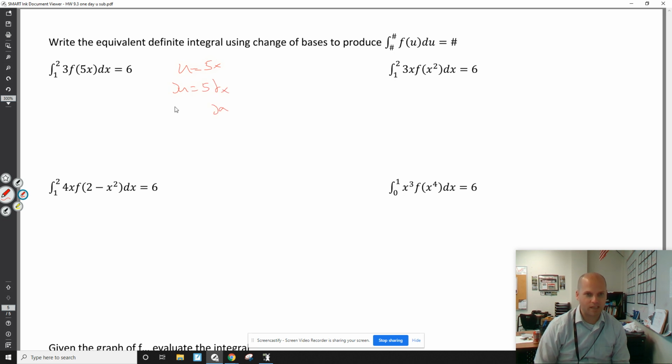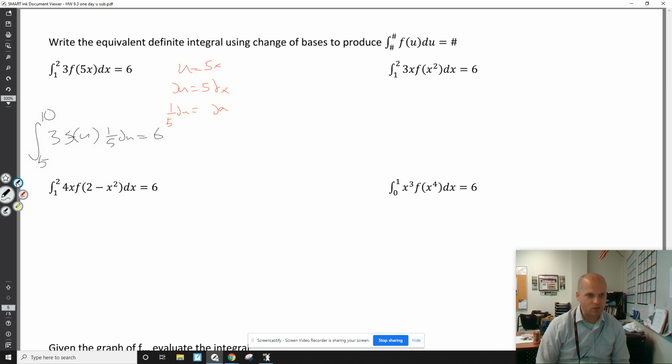You go through the process of setting u, taking the derivative, solving for dx, substituting in and changing your bases. 3 times the integral of f of u, 1 over 5 du equals 6. This is not 1 to 2. This is 5 to 10. But I don't want anything besides f of u du in it.